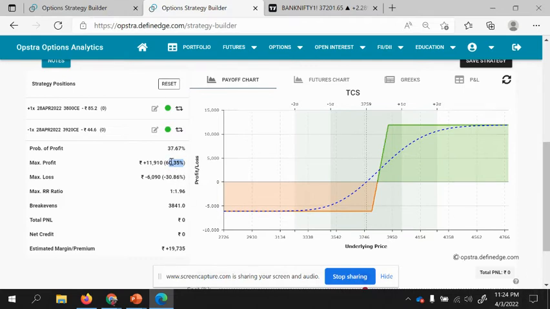But if you deploy the same thing in equity to get this 60%, the market has to move 60%. But in the debit spread, even if the market moves 4.47%, on expiry you get 60% profit. So I hope, friends, I was clear in explaining the potential profit and also the loss in the debit spread, with a combo of one buy and one sell, versus when you purchase the stocks or futures.